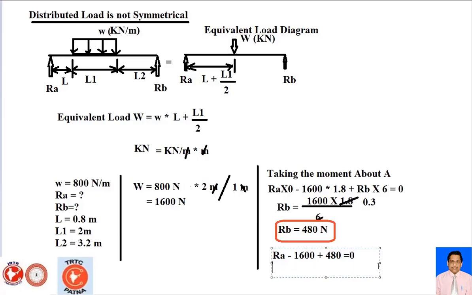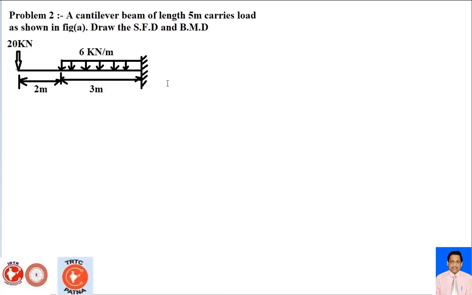So RA is basically 1120 Newton. So compute this value, 1600 minus 480, so 1120. So through this procedure, you have to compute the value of RA and RB using the equivalent load diagram. So you have to implement this process for this problem. Then after that you have to draw the shear force diagram and bending moment diagram.